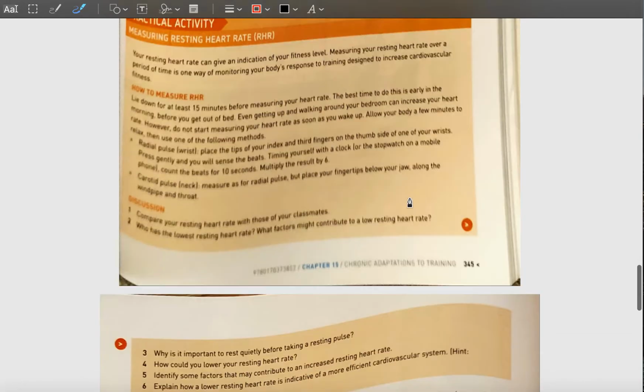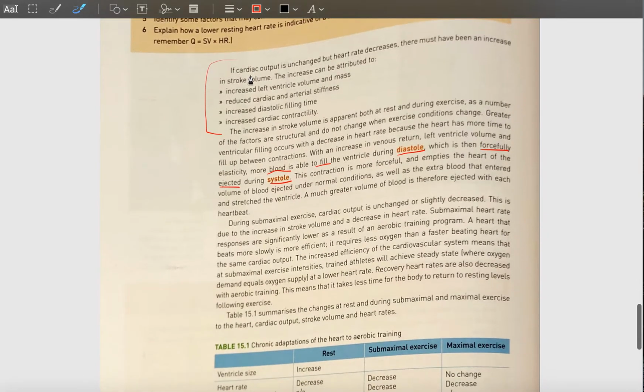So if we look at this now, cardiac output can remain unchanged, but heart rate decreases. There must have been an increase in stroke volume.